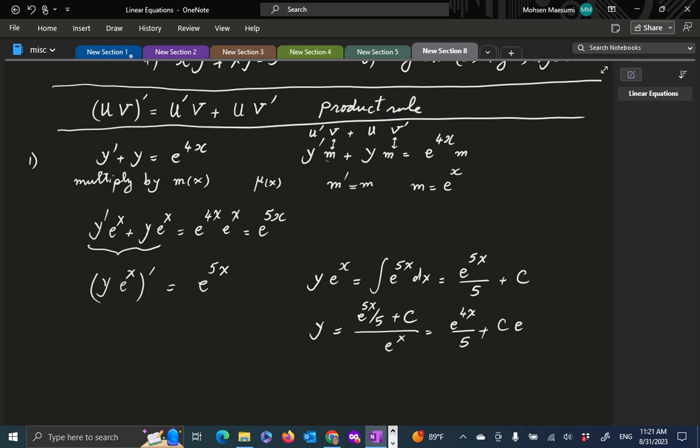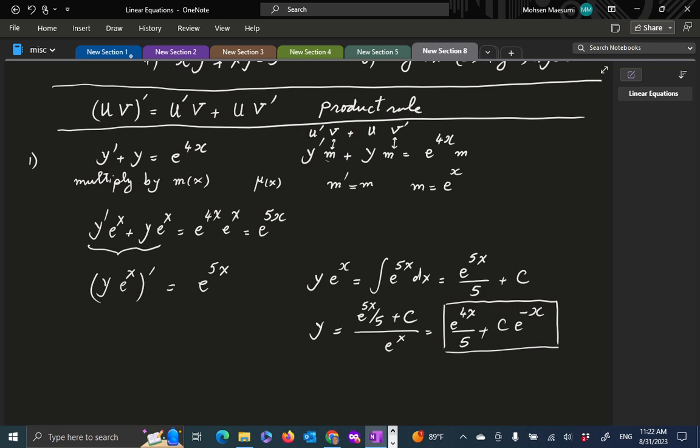You might as well write it as c times exponential of minus x. Okay, that is our solution. So this is the general solution of this equation. Depending on what c value you take, you are going to get the whole family of solutions, and they comprise all the solutions you could find.